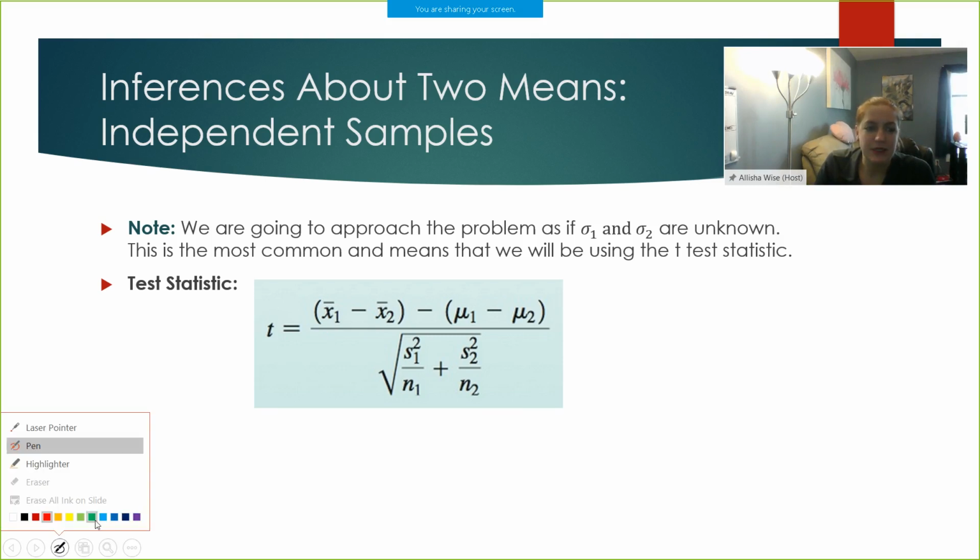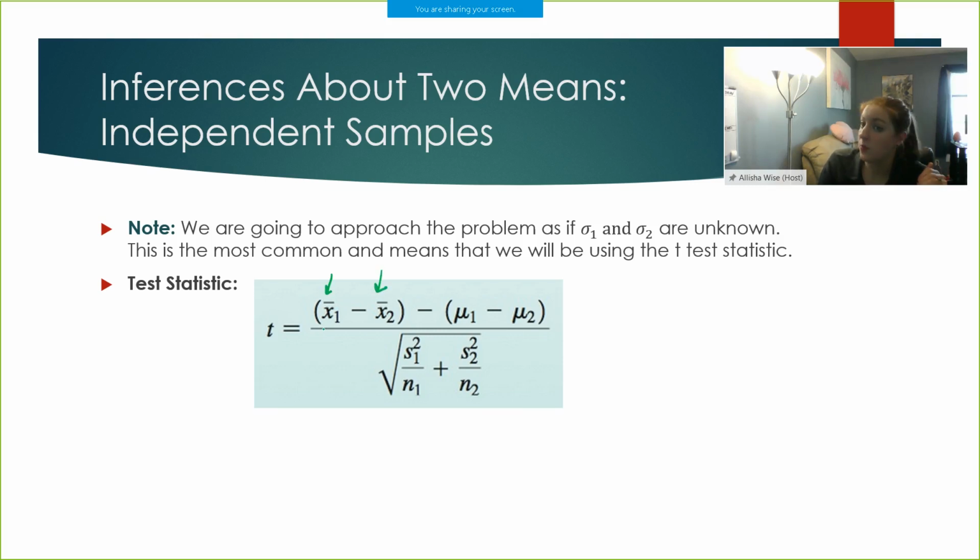So T equals. What you're going to do is take your sample means from group 1 and group 2, and subtract them on the top. Now over here we have our population means that we're subtracting. Well, we are going to assume for our null hypothesis that the population means are the same. So if you subtract the same number, you actually get 0.